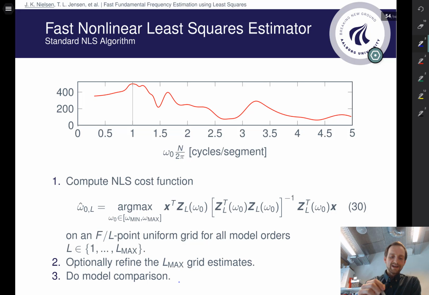That's the same as estimating the signal model that we think is the one explaining the data, and we then look at what the fundamental frequency estimate was when we use that signal model, and that's our final fundamental frequency estimate.